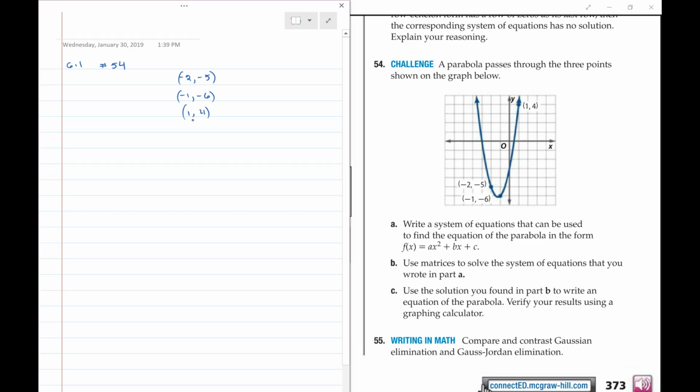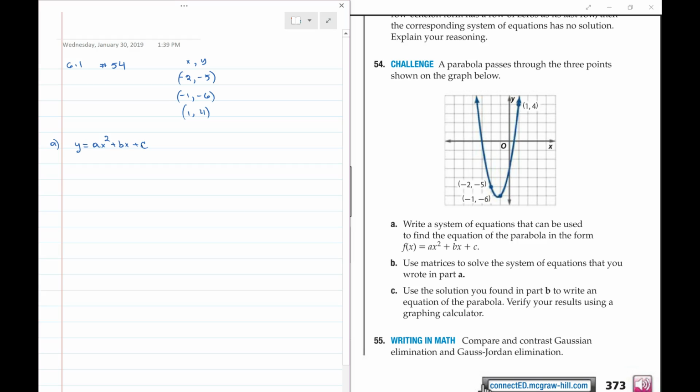In each of these, you have an x and a y coordinate. Okay? So now, for part A, you're told that you need an equation in the form of f of x, or y, equal to ax squared plus bx plus c.